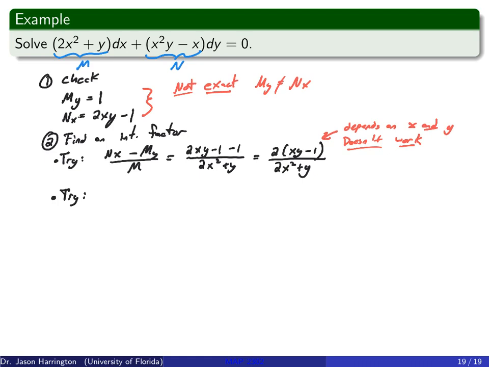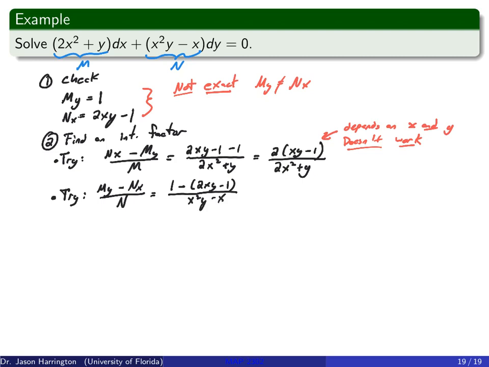So if I try m sub y minus n sub x divided by n, then for m sub y I have 1 minus, and for n sub x I have 2xy minus 1, all divided by n, which is x squared y minus x.